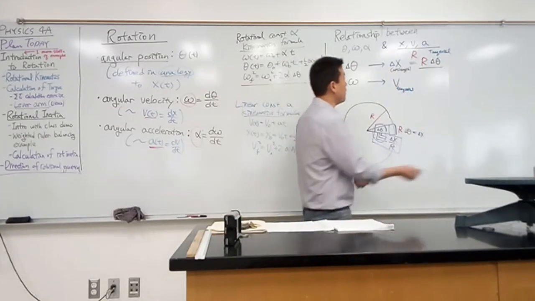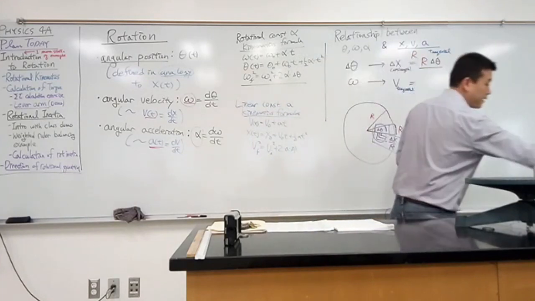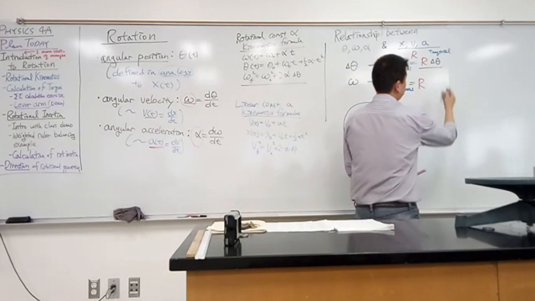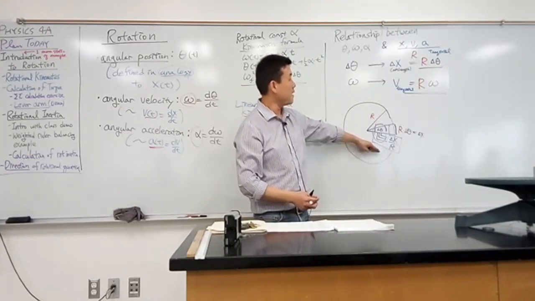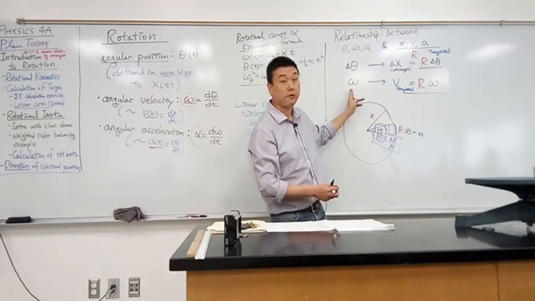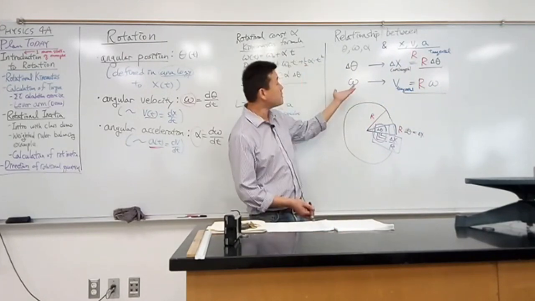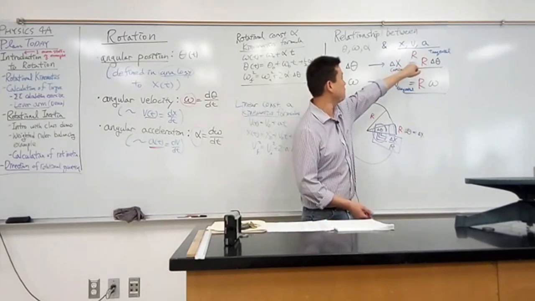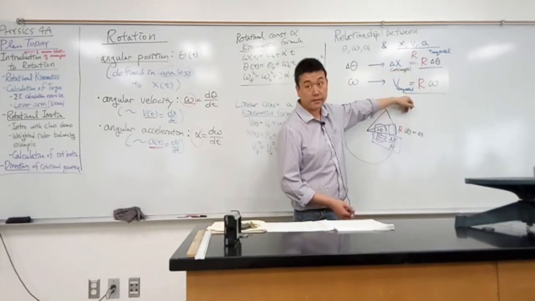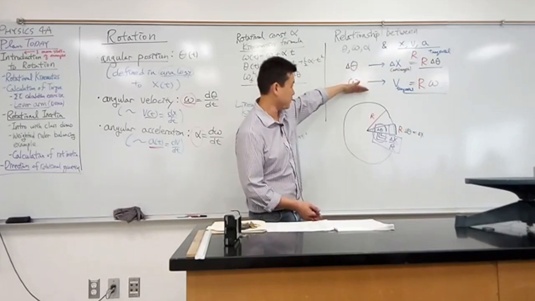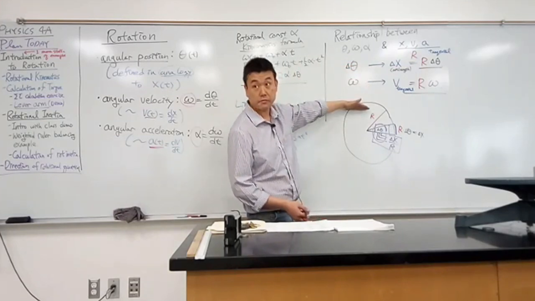Tangential velocity is a very simple formula. That's just the radius times the angular velocity. That is the relationship between the tangential or linear quantity and the angular quantity. And this continues on from position, velocity, and acceleration.